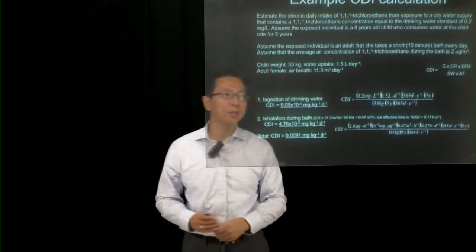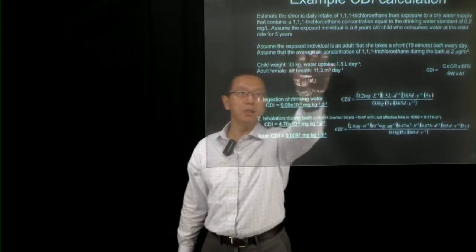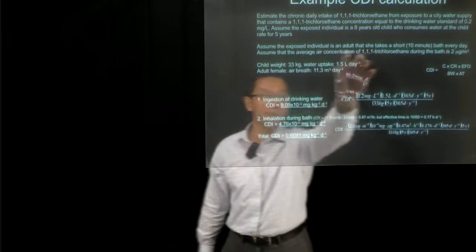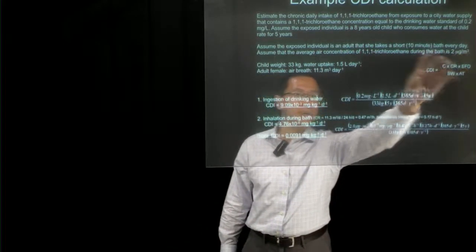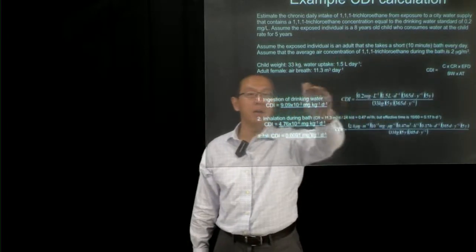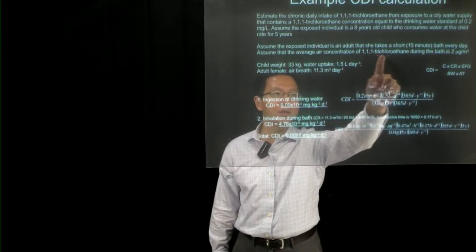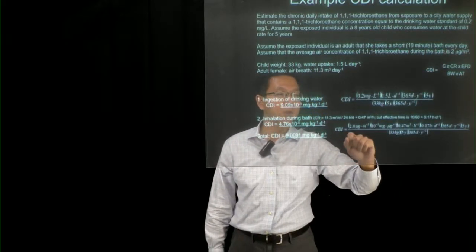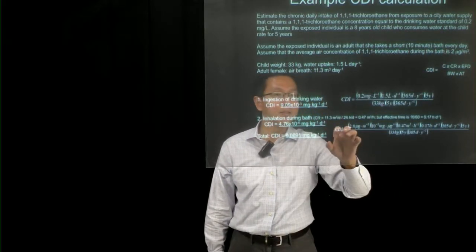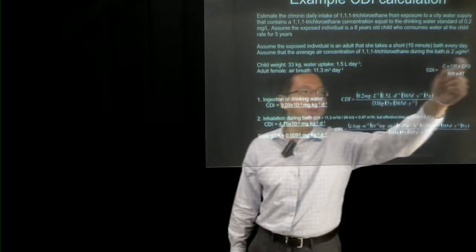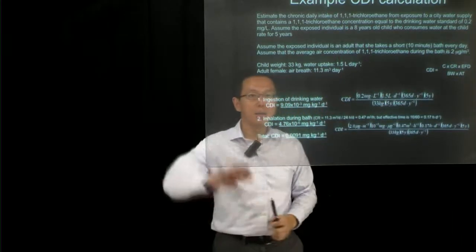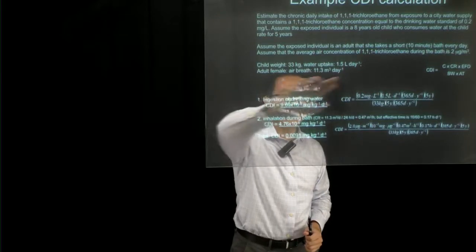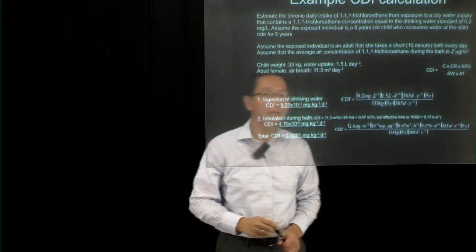So the second is that, say, assume this individual is an adult female, and takes short baths every day, about 10 minutes. Assume the average air concentration is 2 micrograms per cubic meter. 10 minute shower every day, concentration is 2, and she breathes 11.3 cubic meters per day.